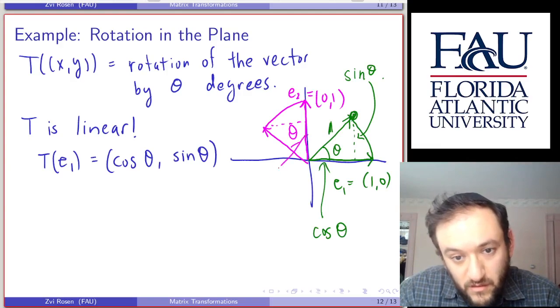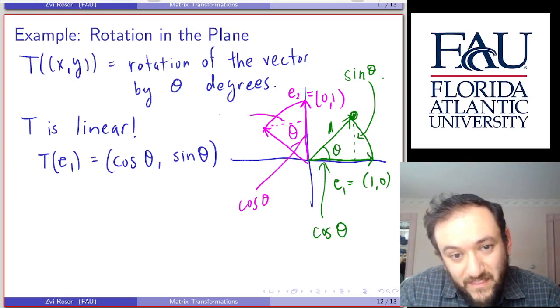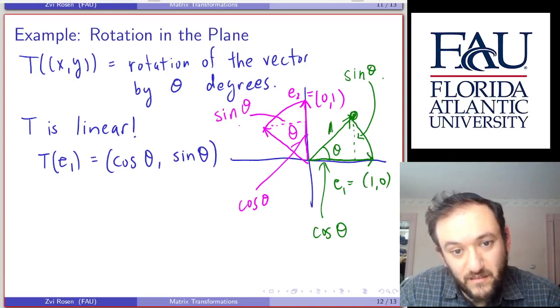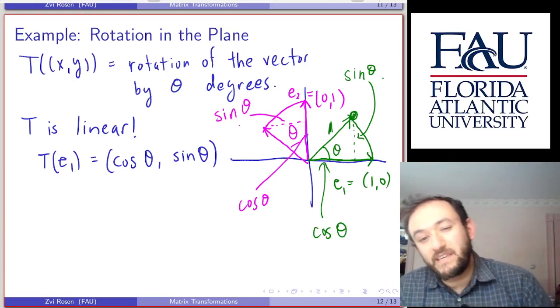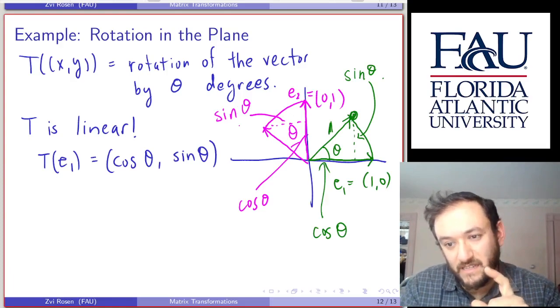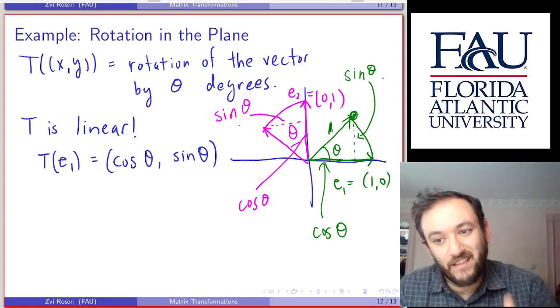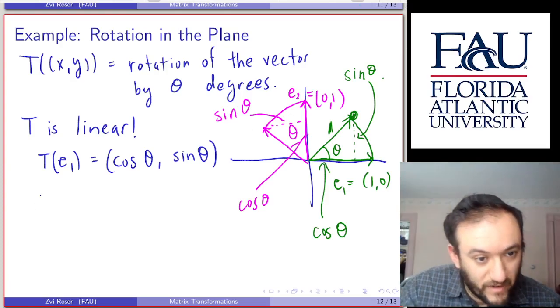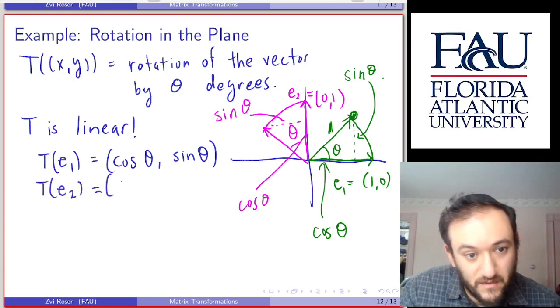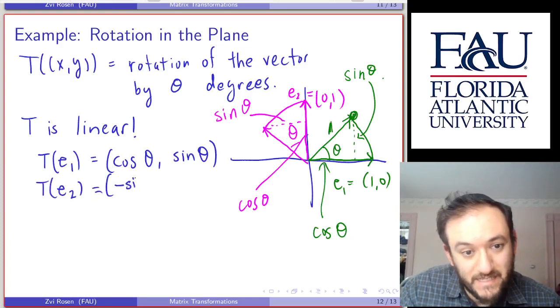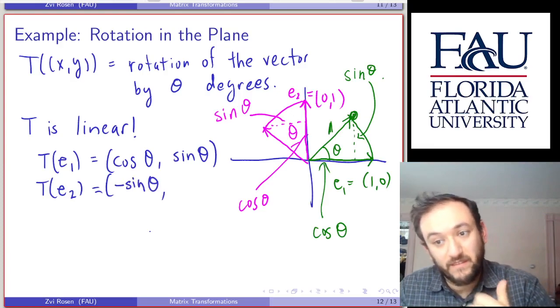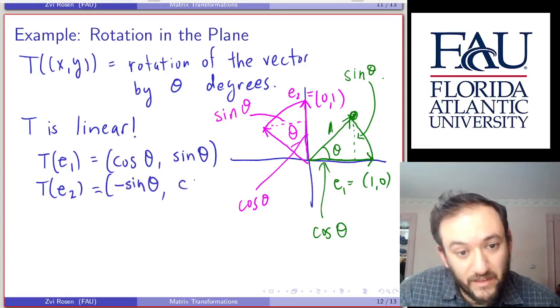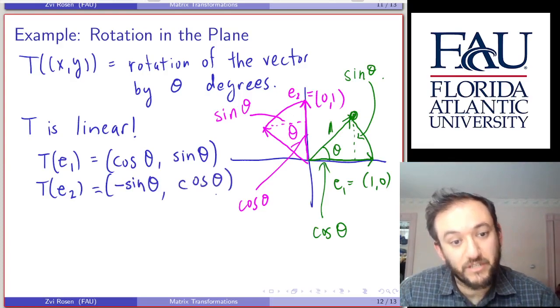So let me signify this here, cosine theta. And this length is going to be sine theta. Okay? But we can see that the cosine is going to be positive, whereas the sine is sticking to the left, so it's going to be negative. So let's write that down. So T of E2 is minus sine theta, because you have it going in the negative x direction, and cosine theta in the y direction.